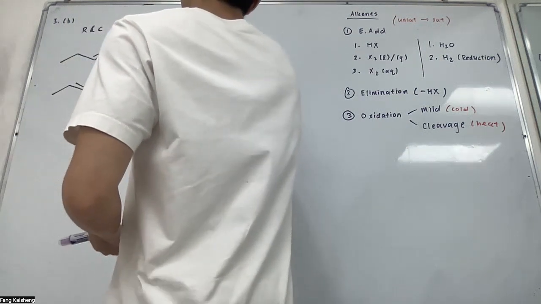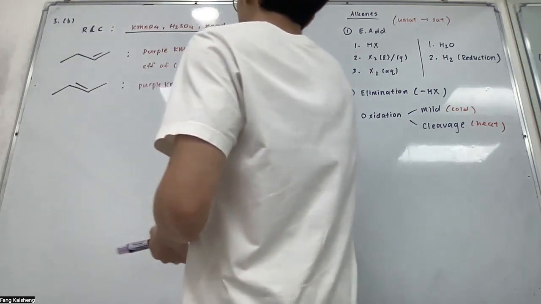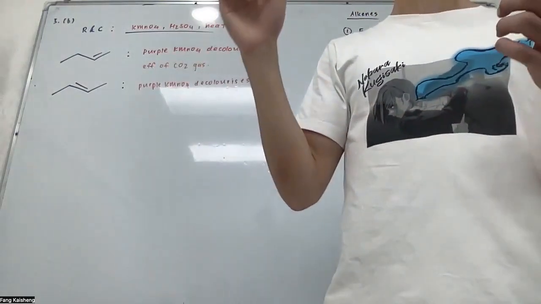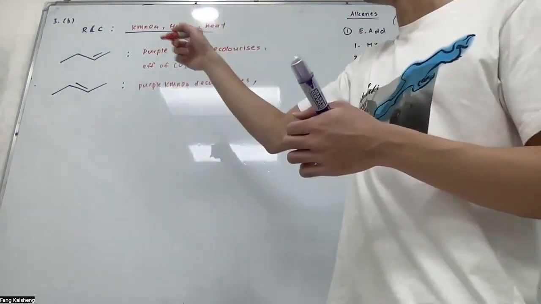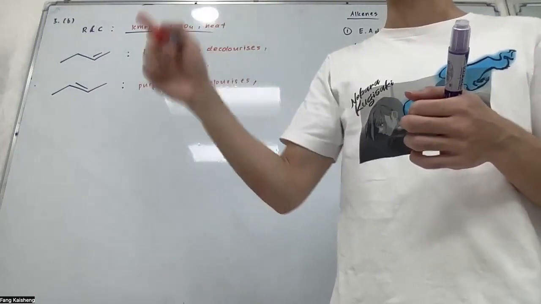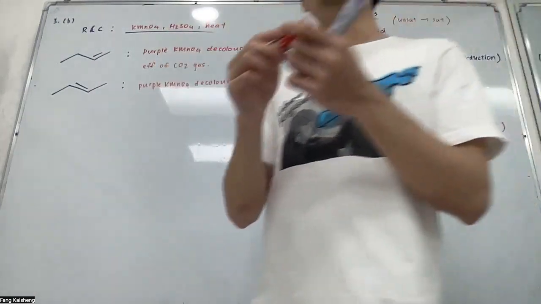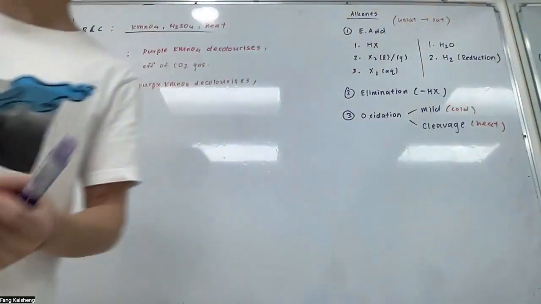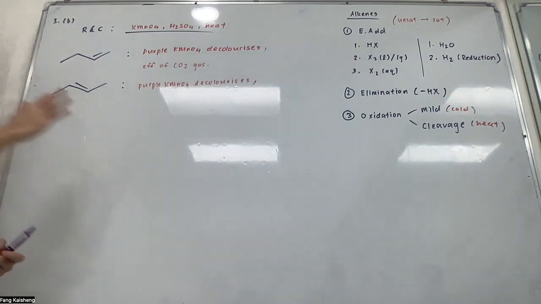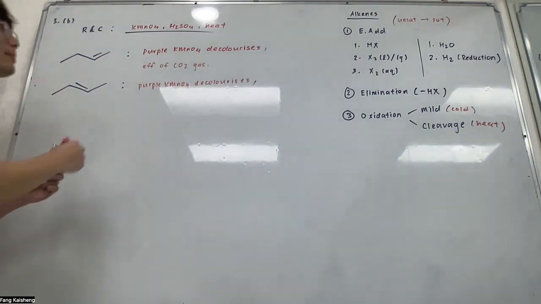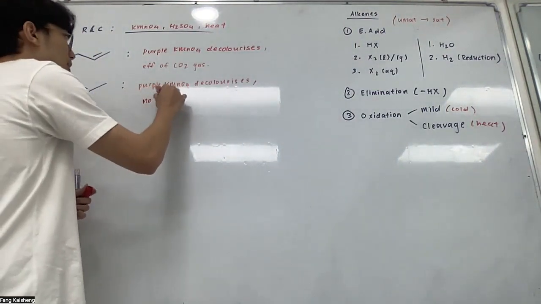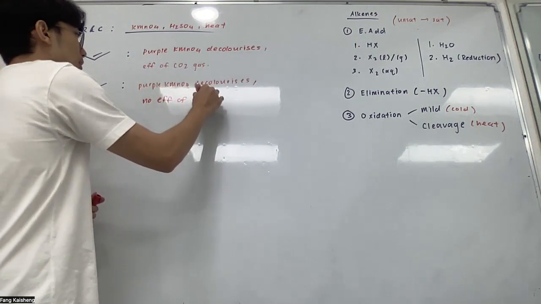Yes, it does, guys. Take note, it still oxidizes. It's just that there's no carbon dioxide gas. Be very careful here. You have an alkene, it gets oxidized, so it will decolorize. If it decolorizes, that means the oxidation did proceed. So just tell me no effervescence of CO2.